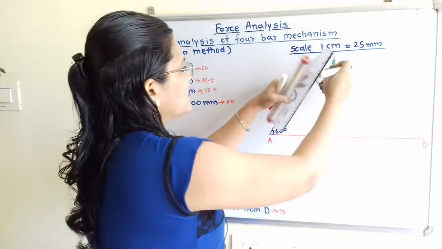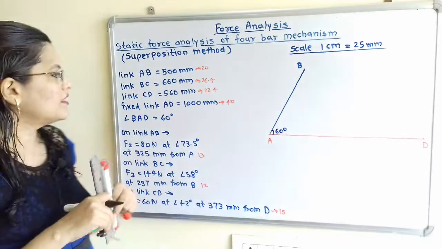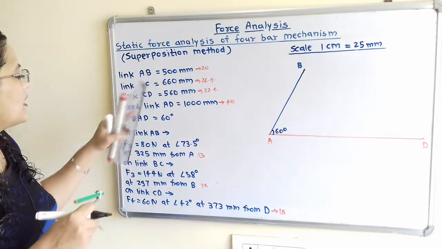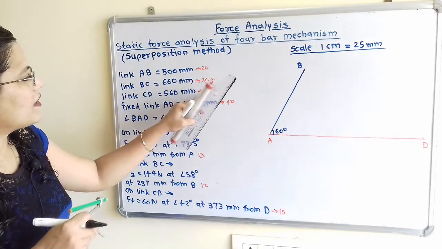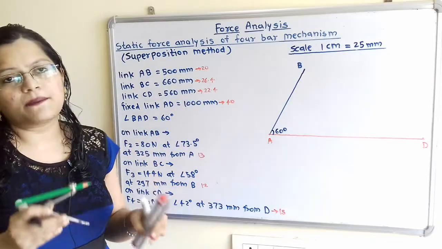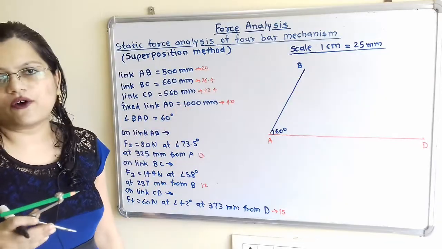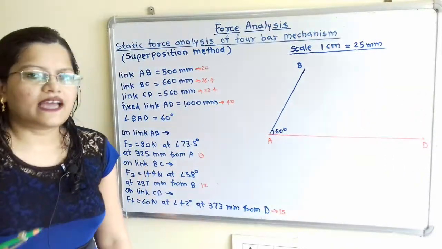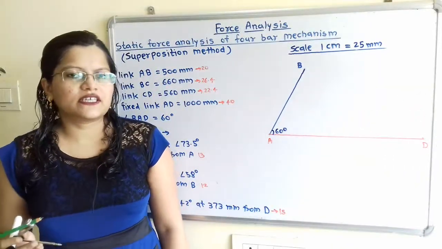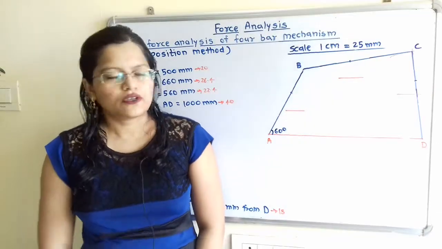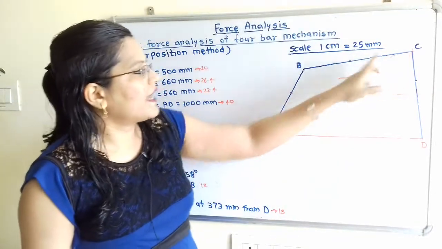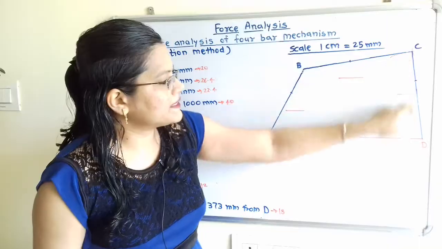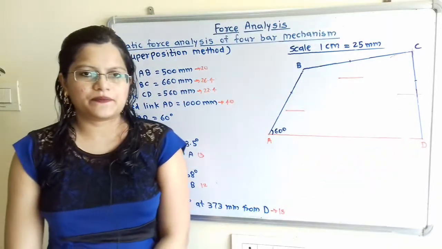We will take B as a center and mark one arc. In the same way, for the link CD, we will take here D as a center. In compass, we will take 22.4 cm distance, and we will mark here one arc. And that point of intersection is the point C. So here is the point C, and we will complete this link BC as well as link CD.